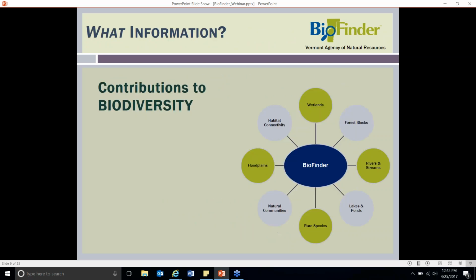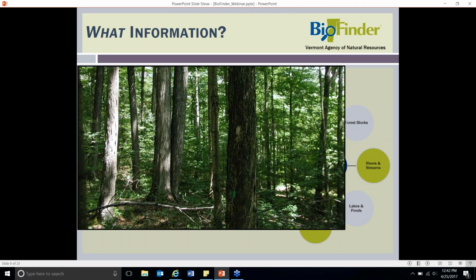Now, I keep mentioning that we have biodiversity information that's included on BioFinder. What kind of information are we considering to be contributions to biodiversity? I'm going to list just a subset now, but we're talking about things like, where are the forests? Where are the biggest blocks of forest? And how do they connect across the landscape?